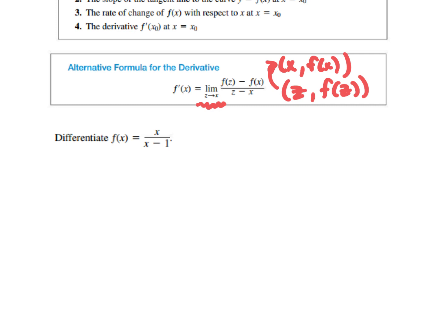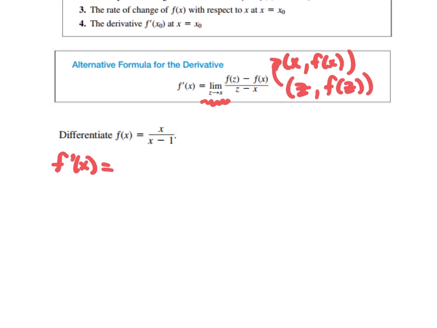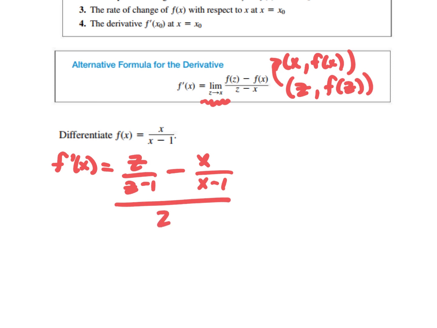So I'm going to go ahead and use this new formula where I say my derivative is x2 take away x1. So if I put z's in, I would have z over z minus 1 minus x1 over x2 take away x1.